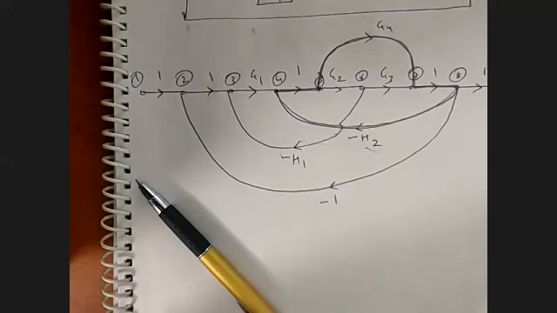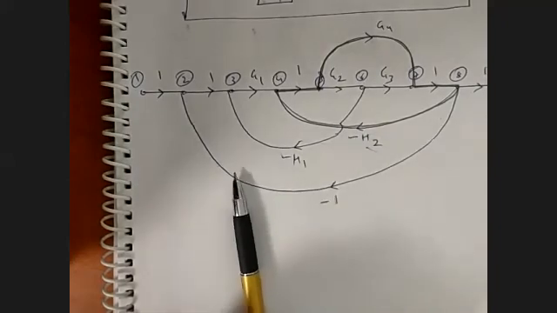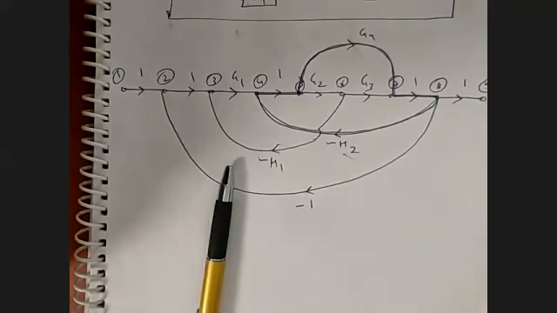So we have 4 loops in this, and then we will be finding the final transfer function of this system. And you have to find out and send me on WhatsApp what will be the transfer function of the system. If you have any doubt, you can ask.